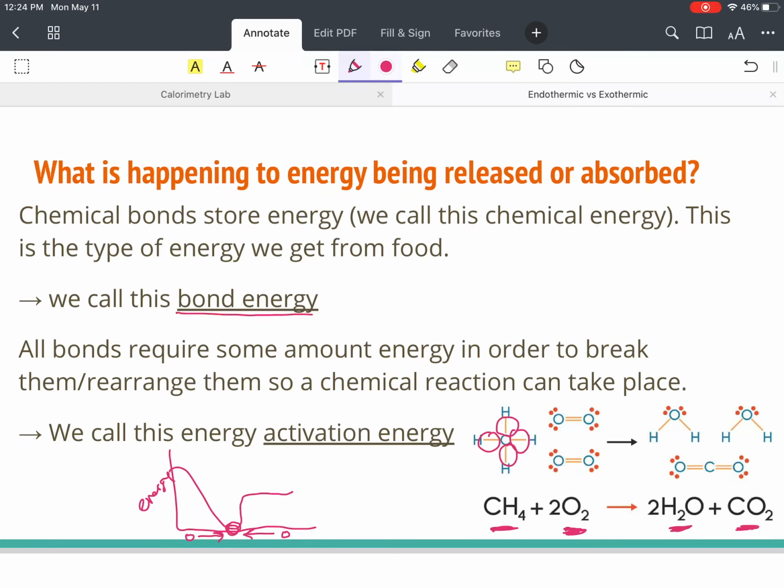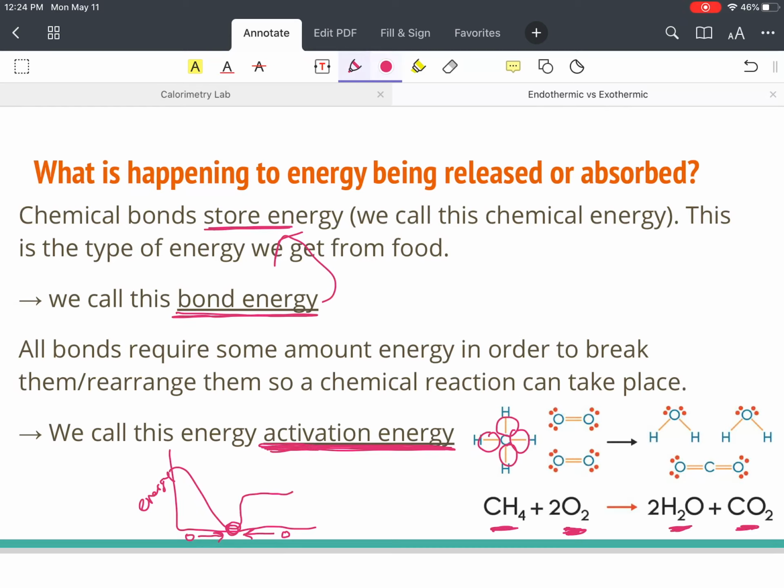And so we have two terms. That's our bond energy, the energy that's stored. So that's our stored energy. And then we have this other type of energy that we call activation energy. Basically, all reactions, whether they end up absorbing heat or releasing heat, require some amount of energy just in order to break those bonds initially.